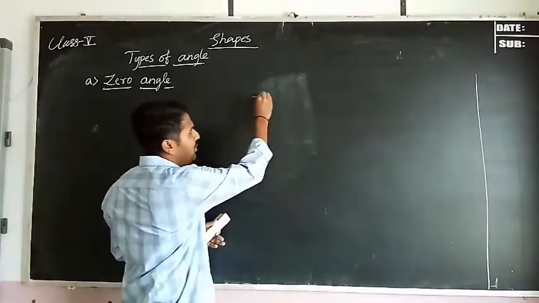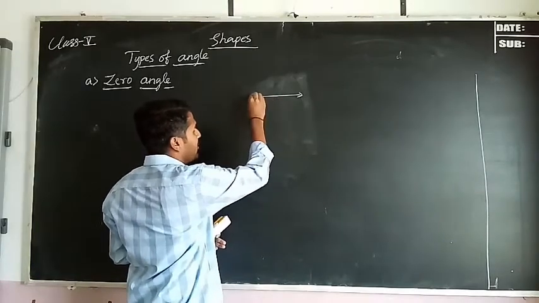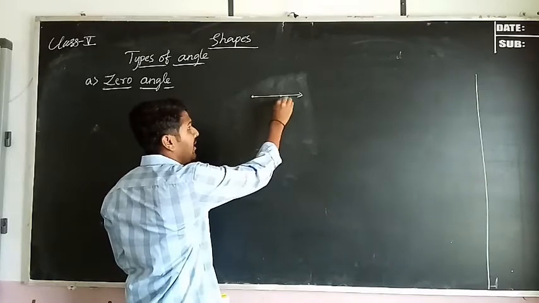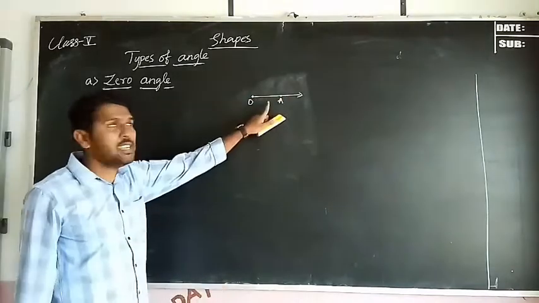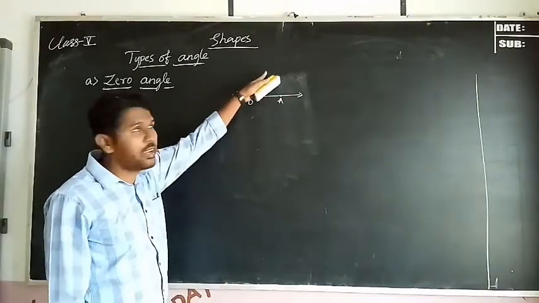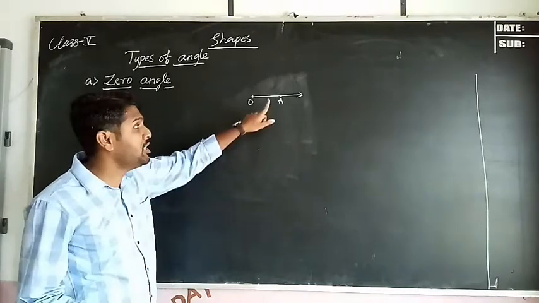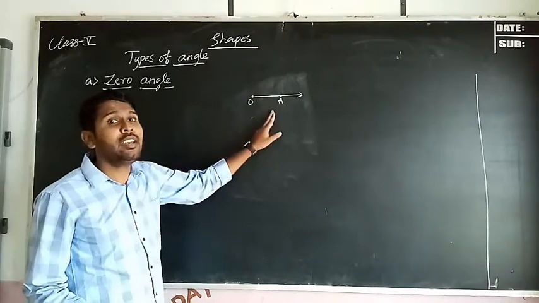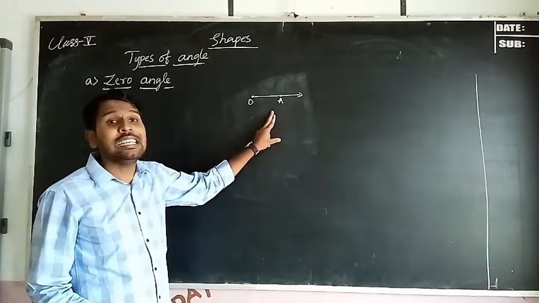How to represent that? This is the vertex, this is AO. This is the initial ray, but there is no final ray here. That means the initial ray doesn't move to any distance. No angle formed is called a zero angle.